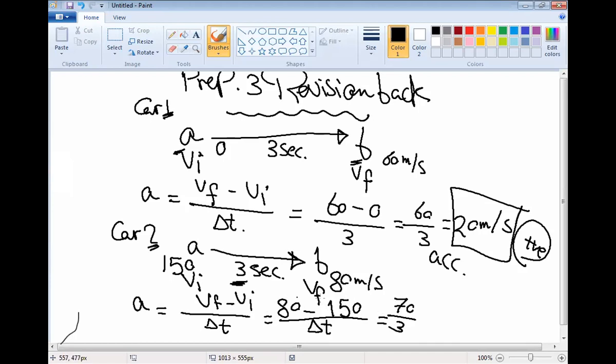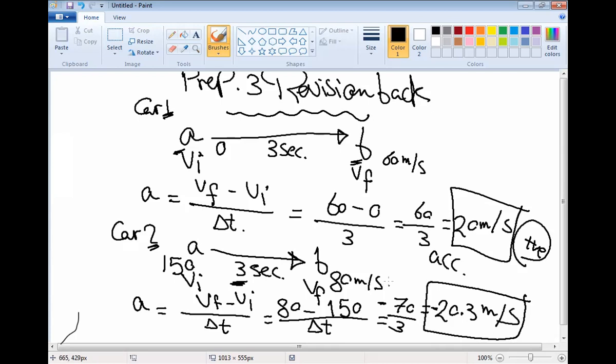This is the time. That's easy. So it will be approximately 20.3 meters per second, but it will be negative. That's right.